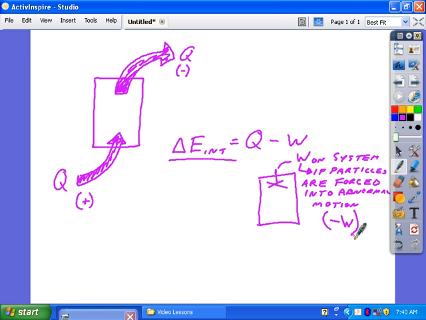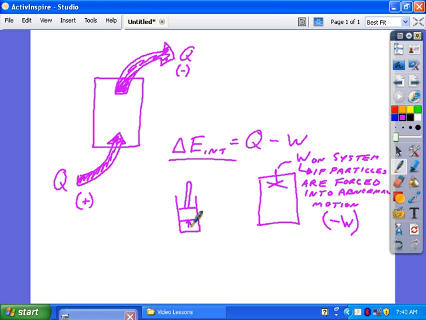Now if instead work is being done by the system, I'm going to draw an entirely different system here just to make it a little bit clearer. Let's say that we have a piston inside of a car engine. Work is being done by the system if it drives that piston up into the air.